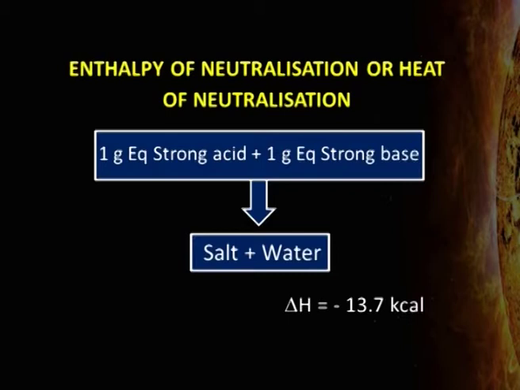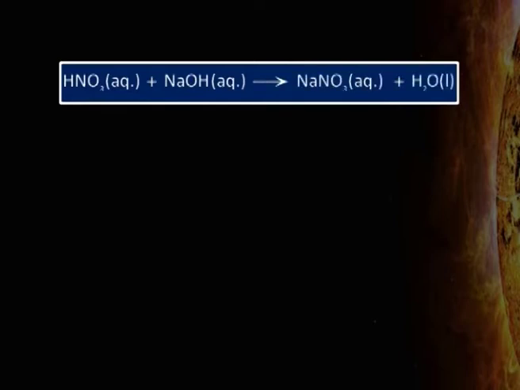That is, delta H for this reaction will be equal to minus 13.7 kilocalories. Aqueous HNO3 plus aqueous NaOH giving you NaNO3 aqueous plus H2O. Delta H for this reaction is also equal to minus 13.7 kilocalories.